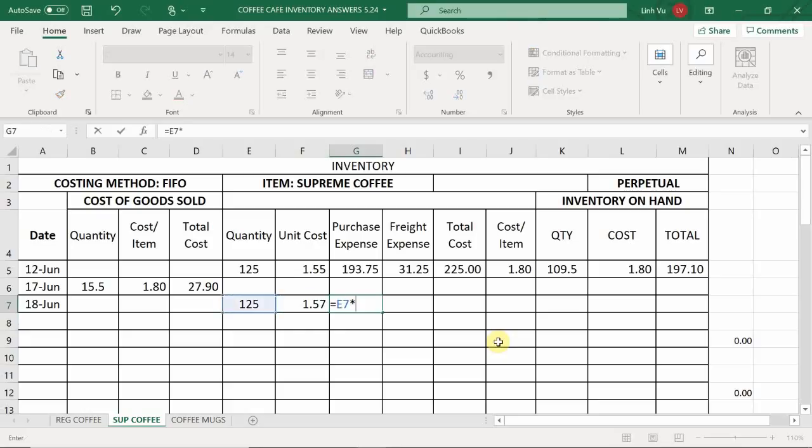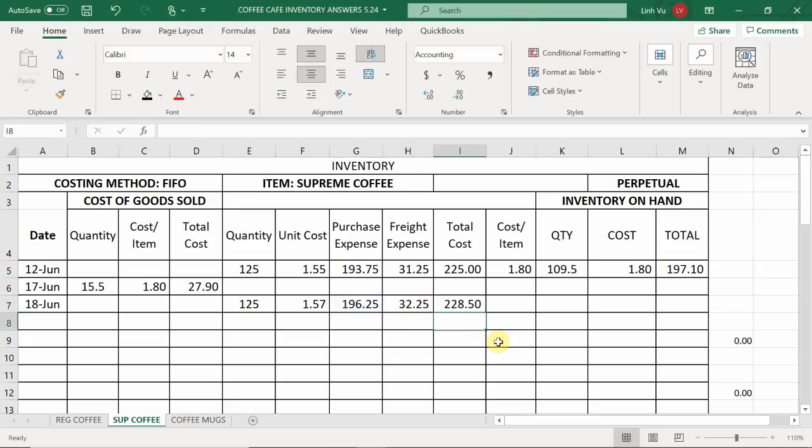So my total purchase is $196.25, plus 32.25 freight is $228.50.